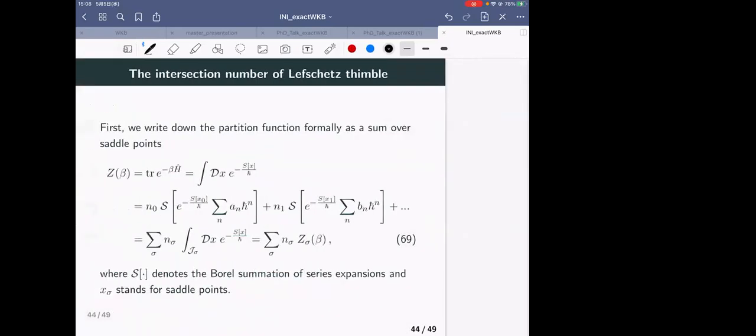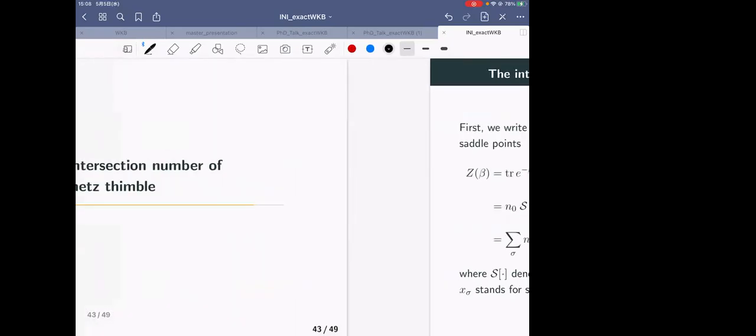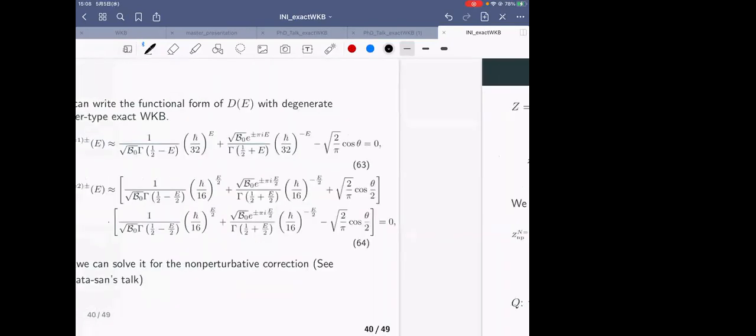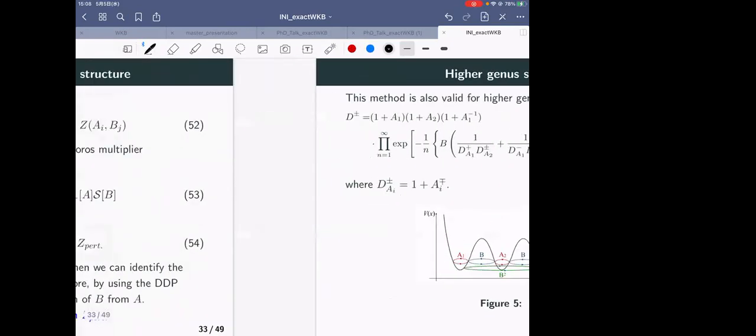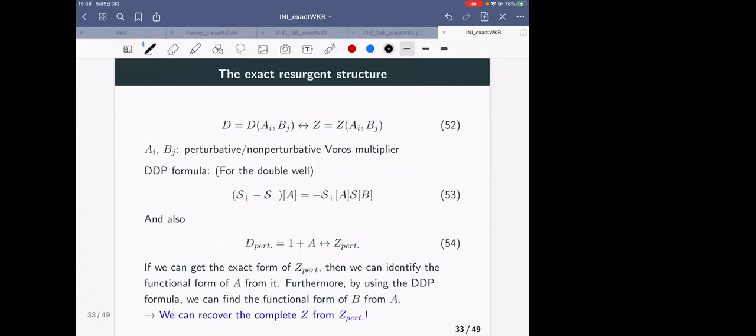Actually, Borel summation is a homomorphism, so we can show that, in general, the Borel summation of a product of Borel multipliers gives the product of the Borel summations of each part.